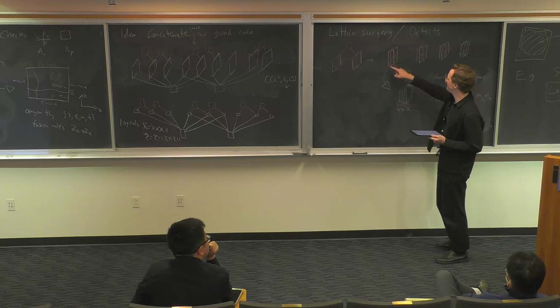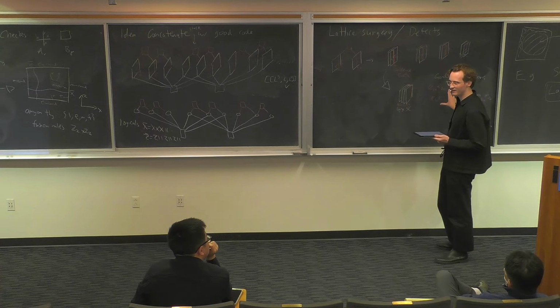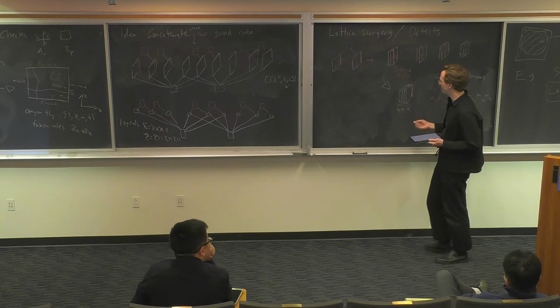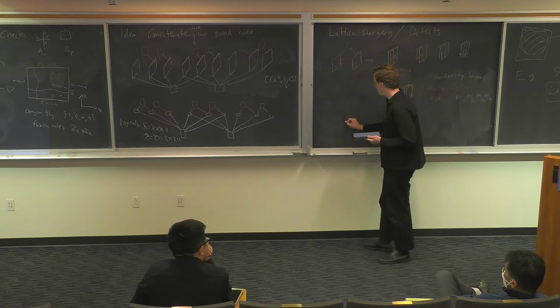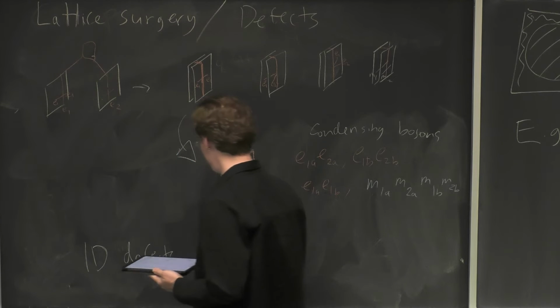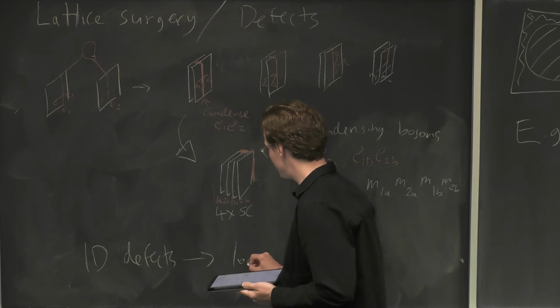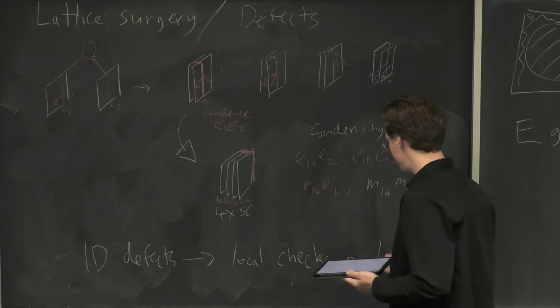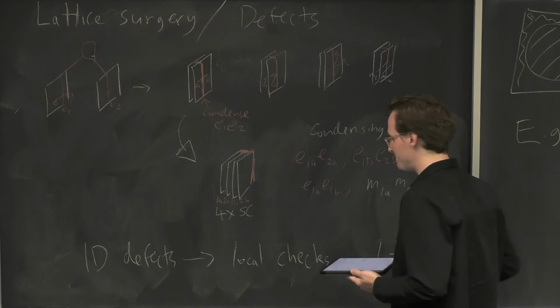So this is describing a one-dimensional defect in this high-level picture. But you have a recipe to turn any of these things into a local set of checks on the lattice. Any of these one-dimensional defects, you can just take and convert into local checks on the lattice. There's a recipe.